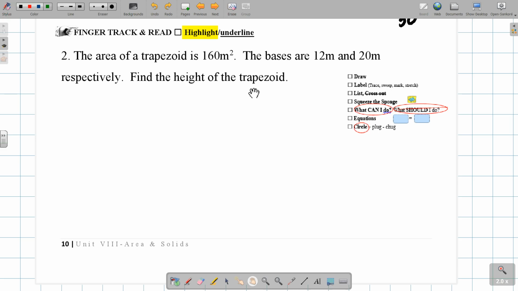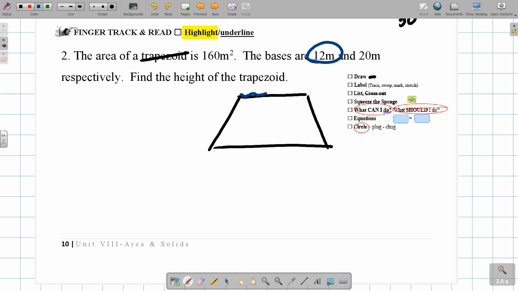Follow along. Read this out loud. The area of a trapezoid is 160 meters squared. Bases are 12 meters and 20 meters, respectively. Find the height of the trapezoid. Step number one, we're going to draw. We have a trapezoid.